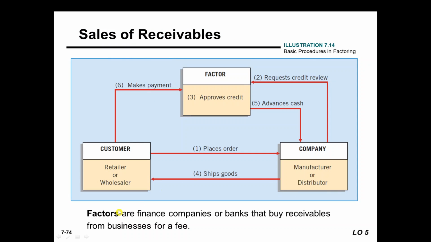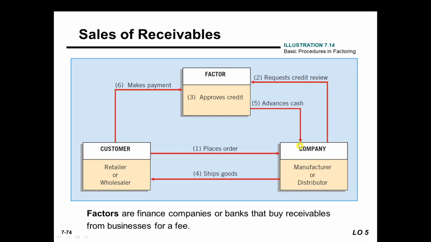So this is the principle of sales of receivable. This is the customer here, could be a retailer, could be a wholesaler. This is the company. The customer places the order to the company, and the company factors it to another company.